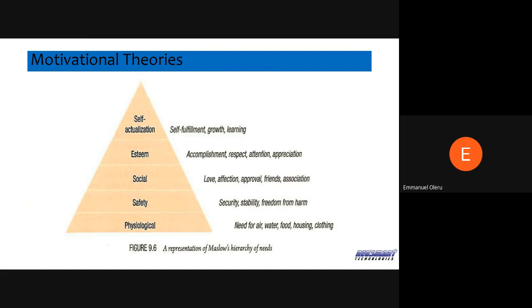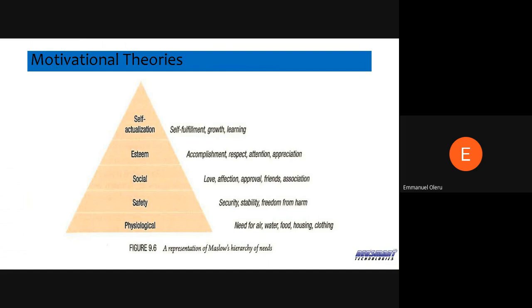Then as they are able to get that, they start looking for love, affection, friends, association. They want to be chairman of Lagos Country Club, Ikoyi Club. They want to interact with more people, just be out there, attend, speak in conferences, social, right?